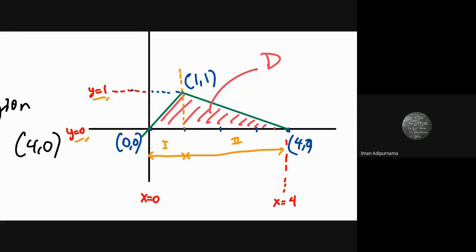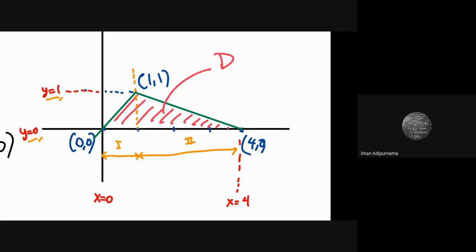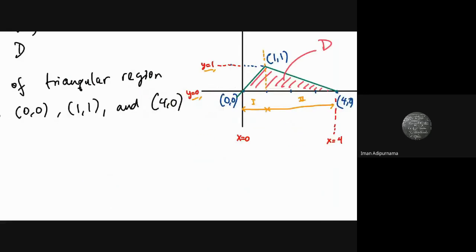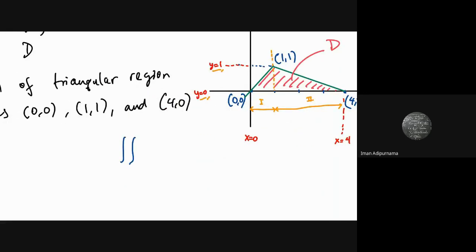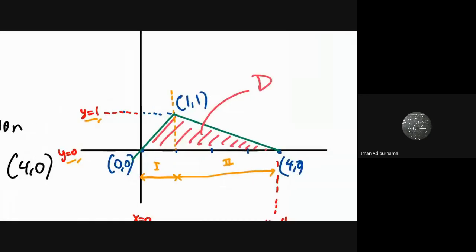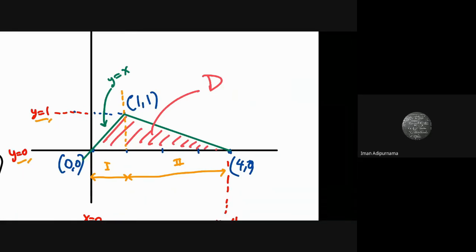And then x will be this line here minus this one. This will be better. So we have the double integral, from 0 to 1 for y. Let's name all these lines. This line is y equals x. And what is this part here?